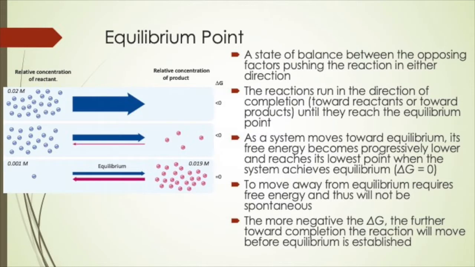Equilibrium point. This one's a little bit difficult. So a state of balance between the opposing factors that push the reaction in either direction. Right? So you're going to have some balance between one reactant and the product.